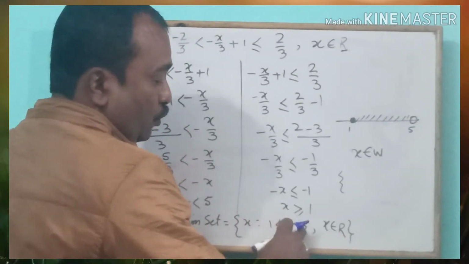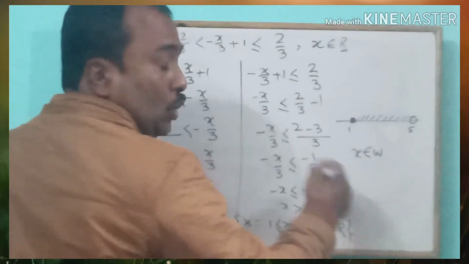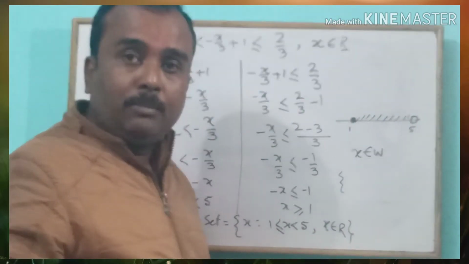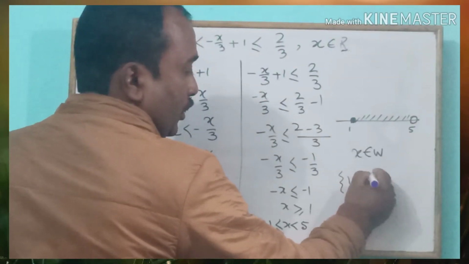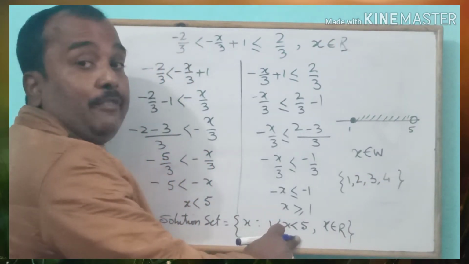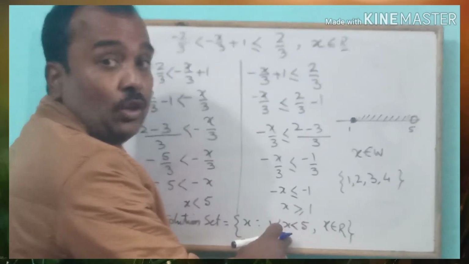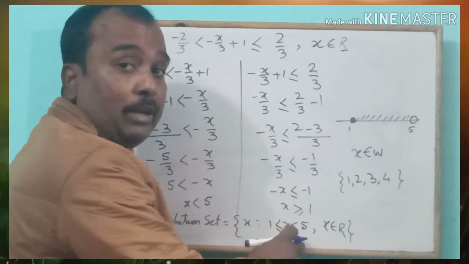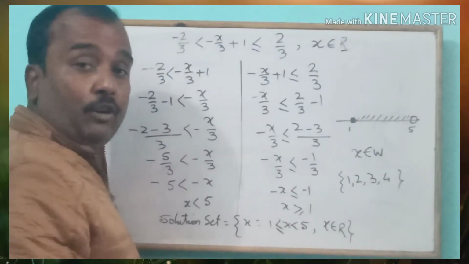In between 1 to 5, what are the whole numbers, or natural numbers? Whole numbers begin from 0, natural numbers begin from 1. So 1, obviously 2, 3 and 4. Not 5, because x is less than 5. It is not x less than or equal to 5. If it were less than or equal to 5, then I would have taken 5 also.